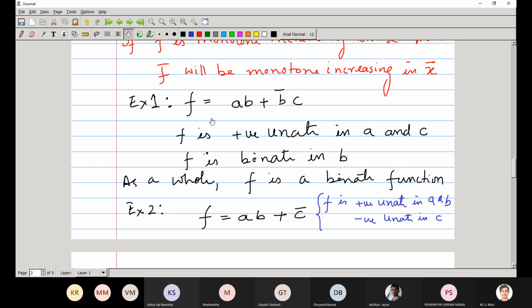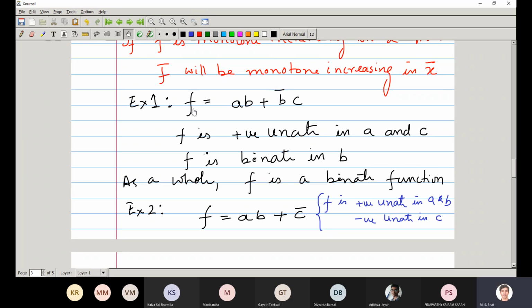On the other hand, if A is 0 and C is 1, now B changes from 1 to 0. Then what happens? Initially, F was 0 because A was 0 and B is 1, C is 1, but B bar was 0. So initially F was 0. Now B changes from 1 to 0. Then B bar changes from 0 to 1.